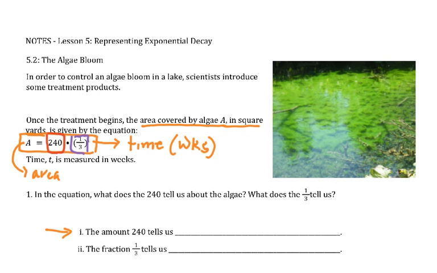So let's look at the first thing. 240. What does that tell me? It tells me that 240 is the starting amount, or what the lake has to start with in terms of algae before they even started treating this. I'm going to turn off the video, write it, and then I'll explain it.